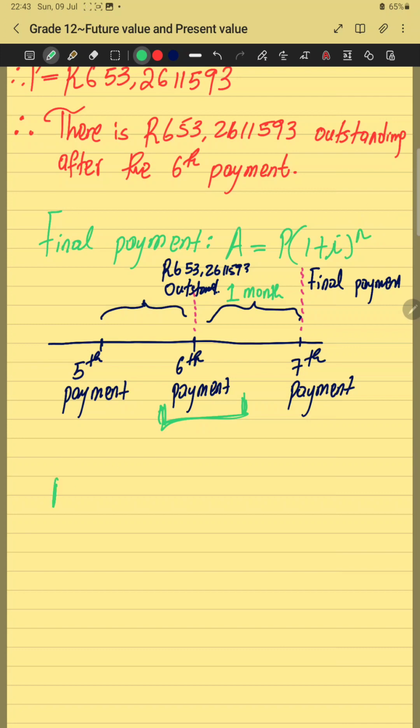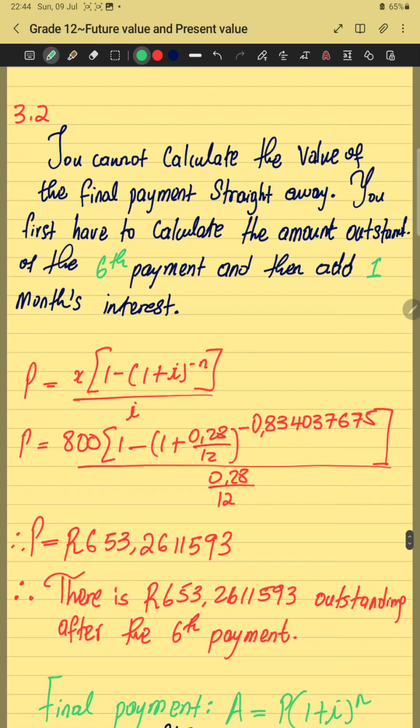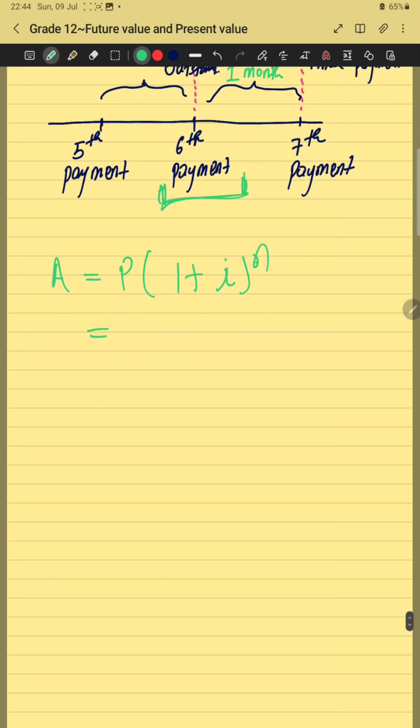Okay, so let me just repeat that formula here: P and then 1 plus i to the n. In the place of n here, we just put 1 because this is the outstanding, right? And now we just want to add 1 month interest. I've noted that one here. I said just for the 6 payment, and then add 1 month, 1 month interest. Okay, so we just substitute.